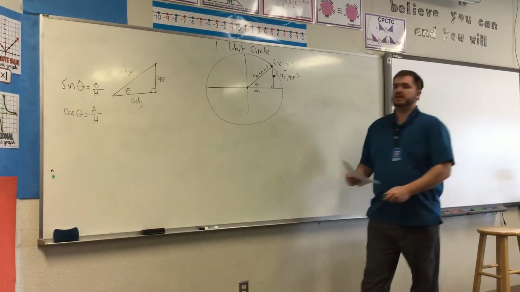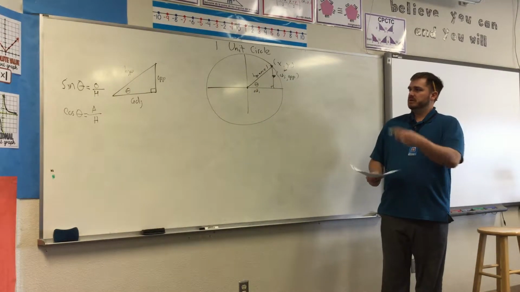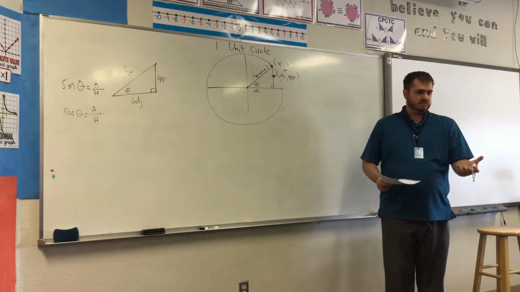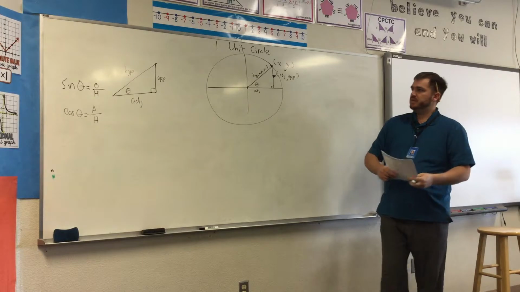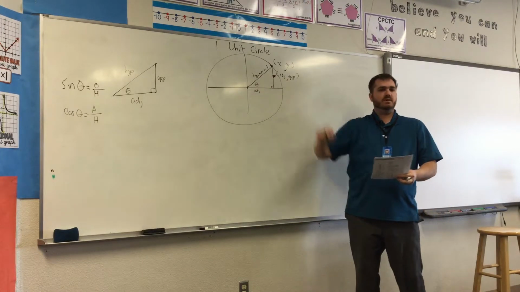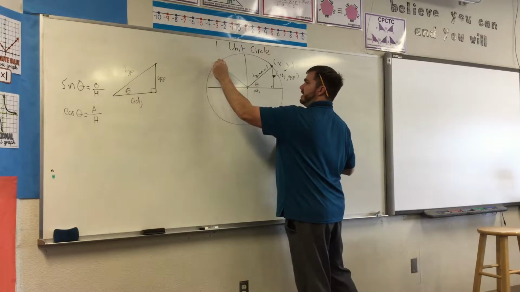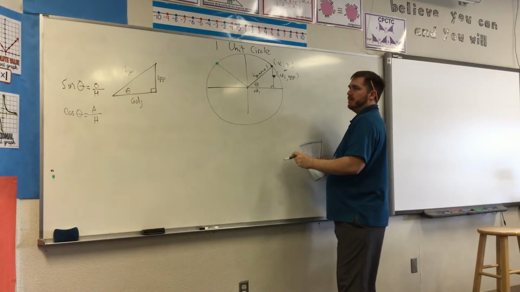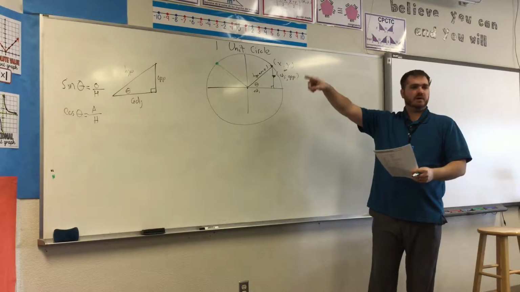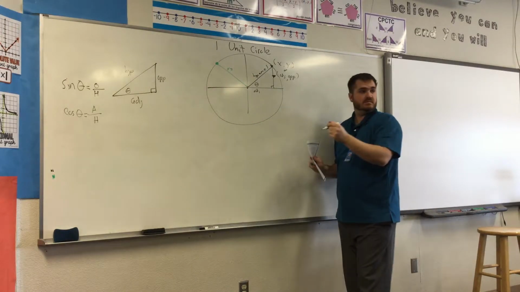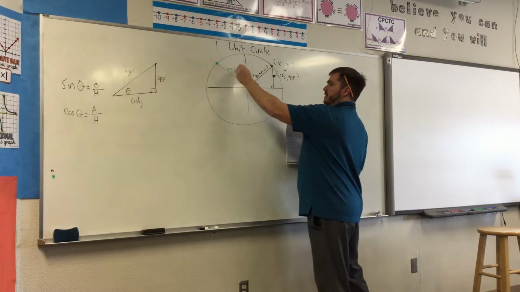What's interesting is that you can have angles that are bigger or smaller than what fits inside one little triangle. For instance, I could have an angle that ends right up here. Now notice it's still part of that circle, so what's its radius? 1. Okay?